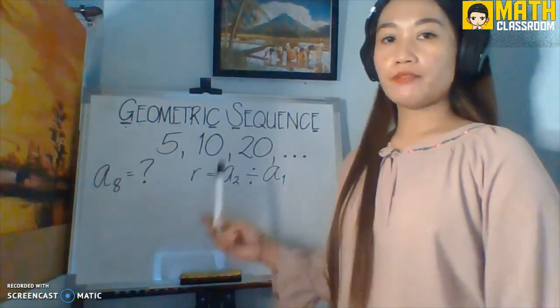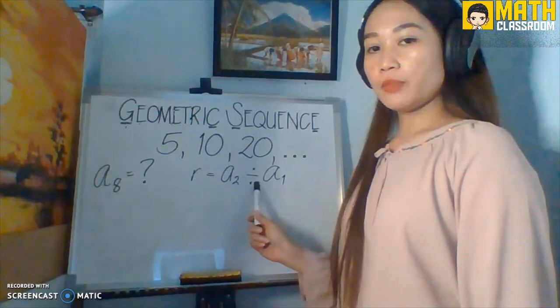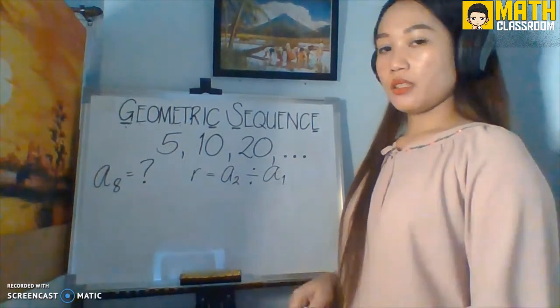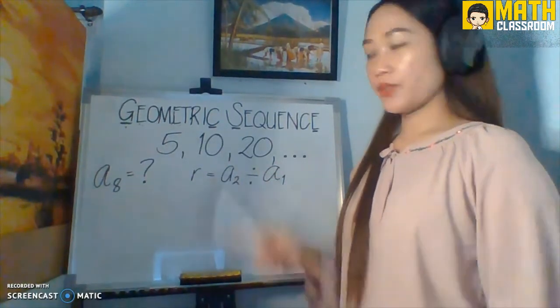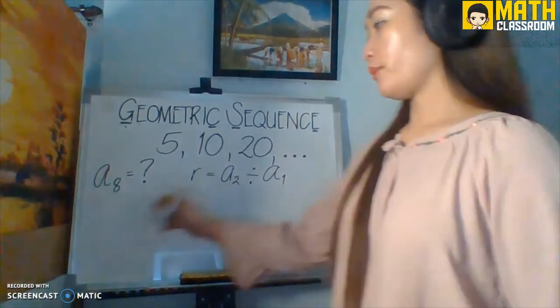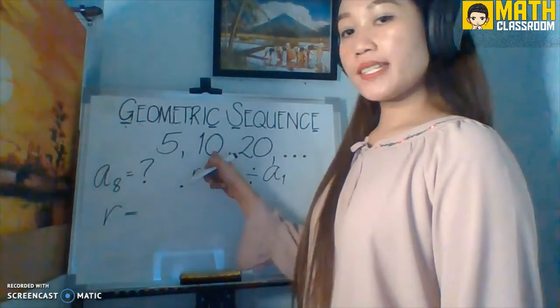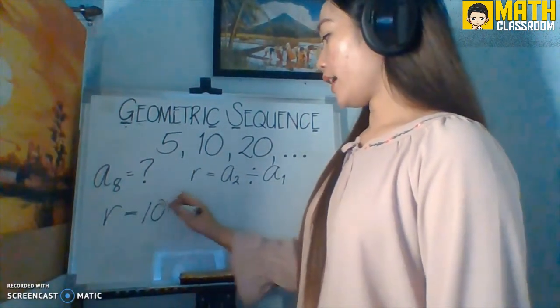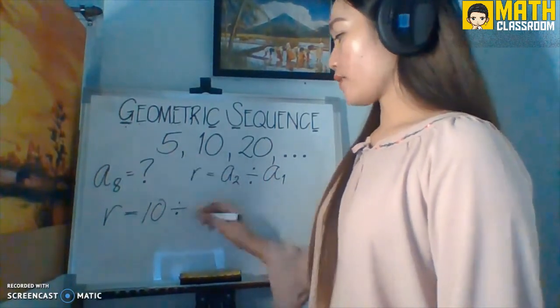We use formula 4, which is r equals a term divided by its previous term. So we will do it until the third term since we have 3 given terms. Let's start with our a sub 2. R equals a sub 2, which is 10, divided by a sub 1, which is 5.